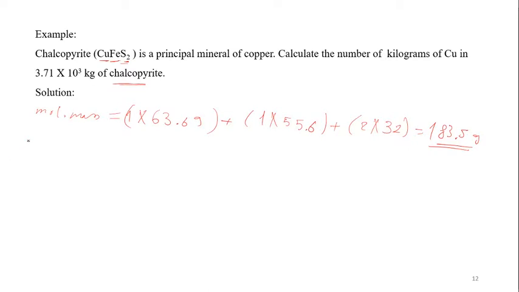So the percentage composition of copper in chalcopyrite would be equal to 63.69 divided by 183.5 grams of the chalcopyrite multiplied by 100%, which is equal to 34.63%.